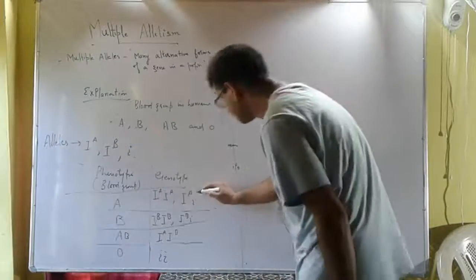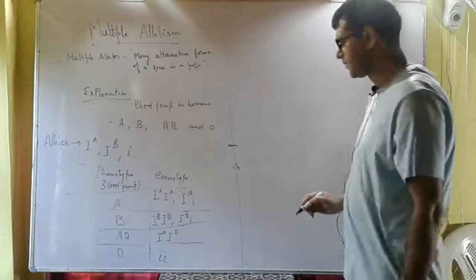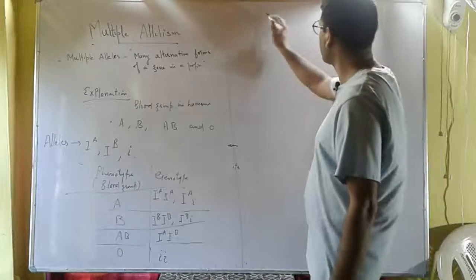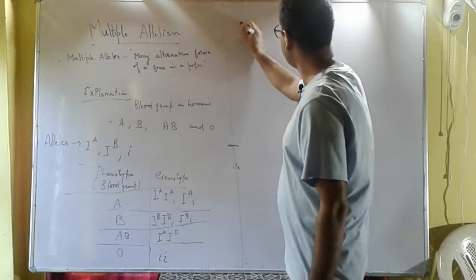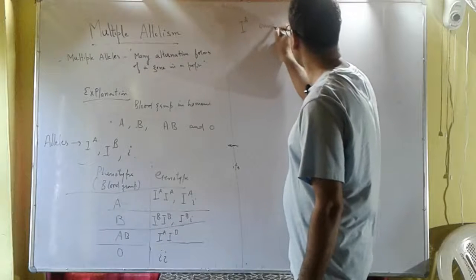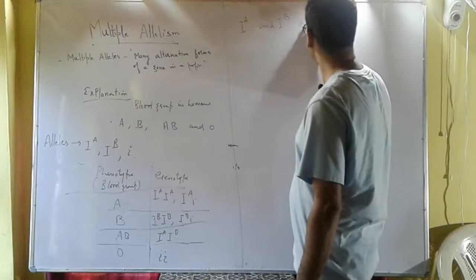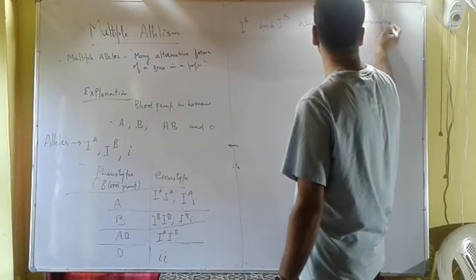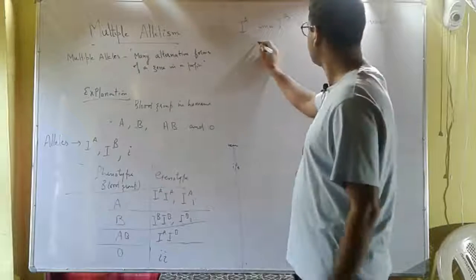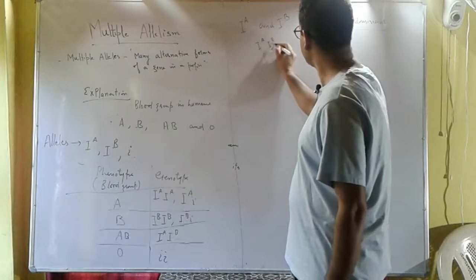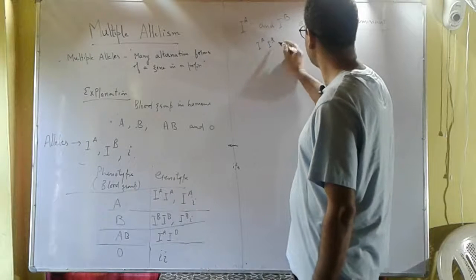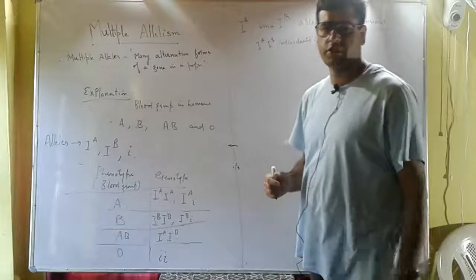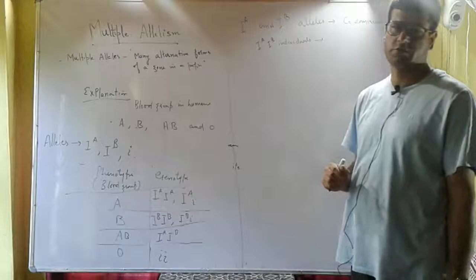IA and IB alleles are codominant. It means that IA IB individuals have both antigens, glycoproteins A and B, on the surface of RBCs.